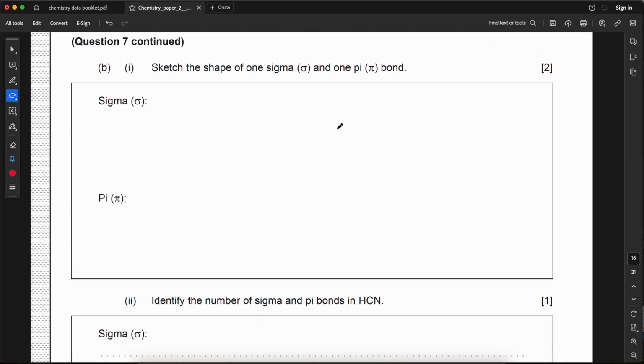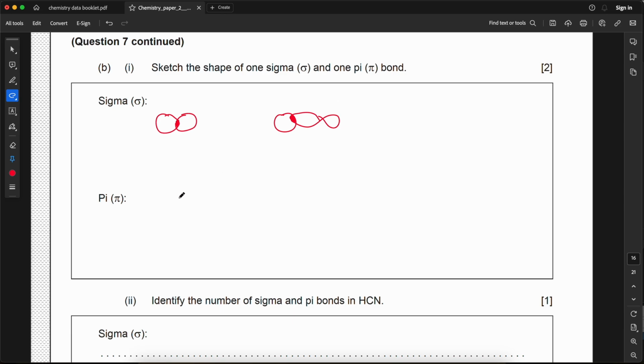Sketch the shape of one sigma and one pi bond. Sigma should be overlap. Okay, so the atoms approach each other, head-on, with the electrons in the overlap region.